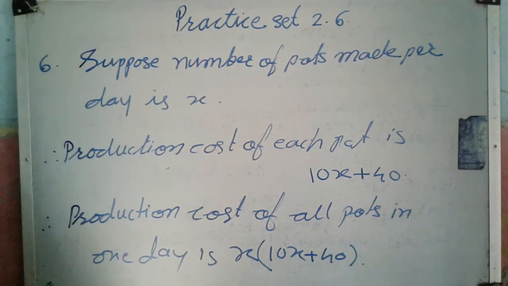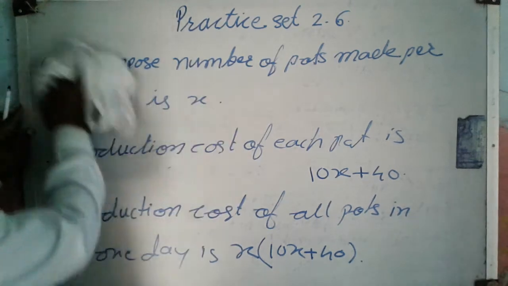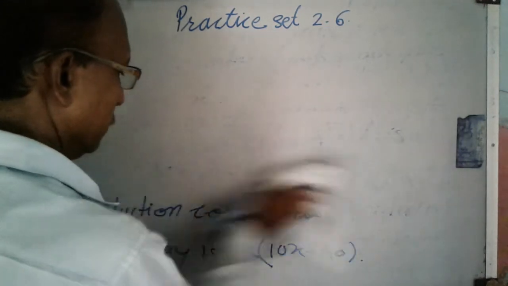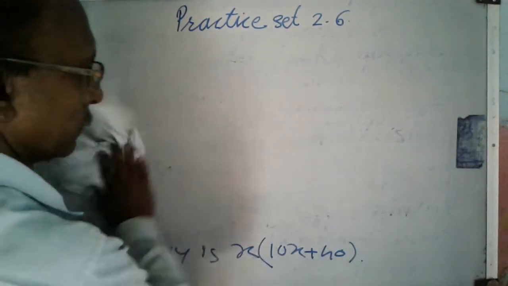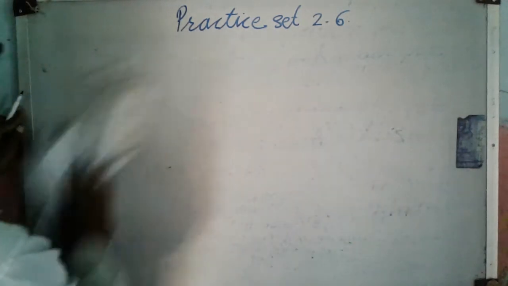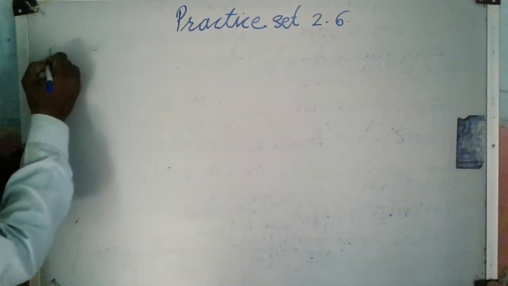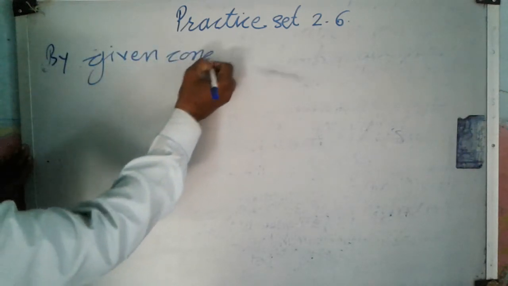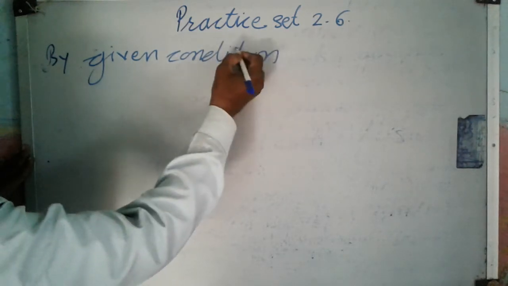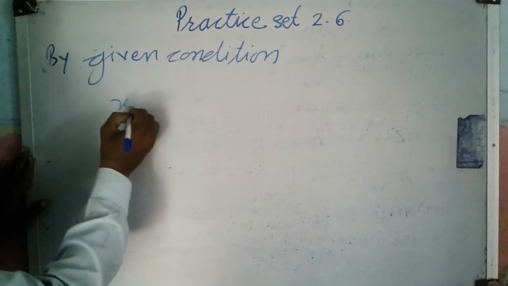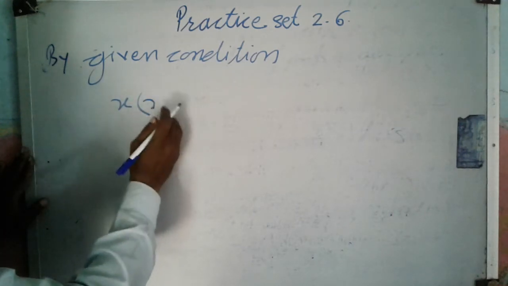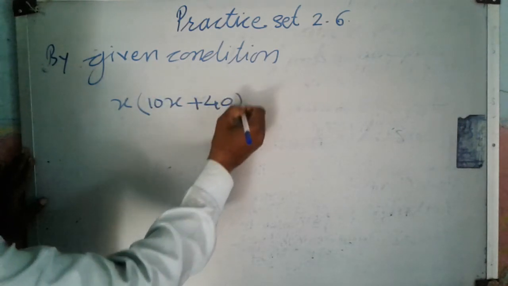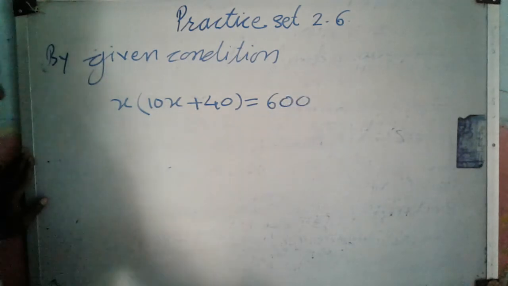So according to the given condition, x into bracket 10x plus 40 is equal to 600.